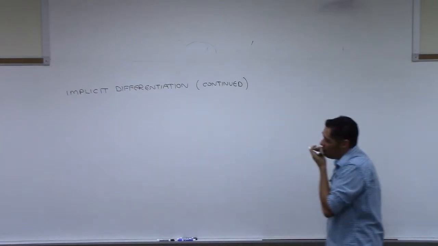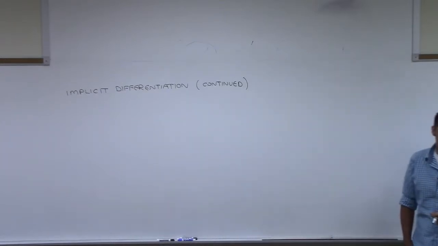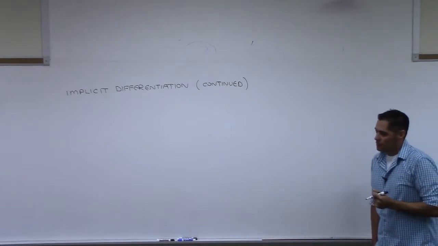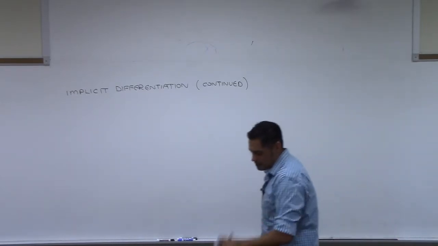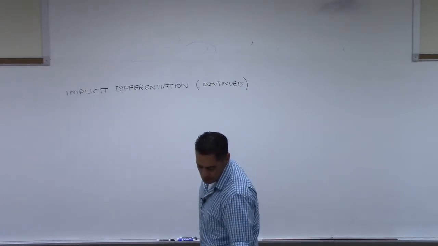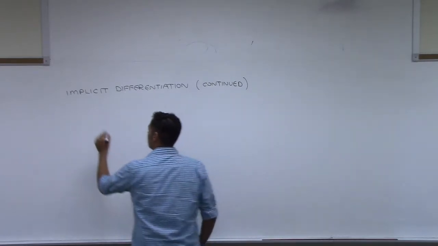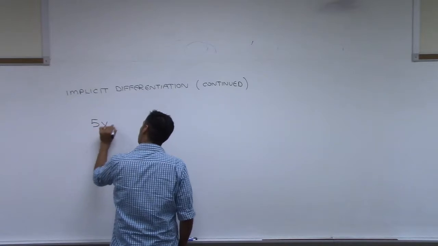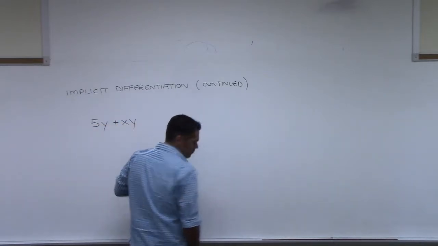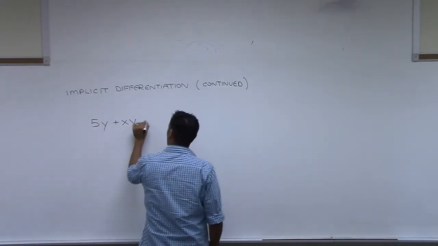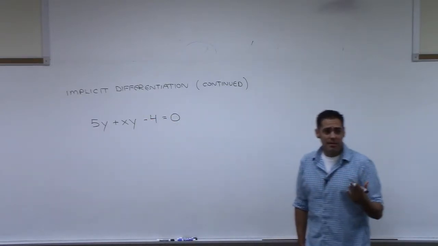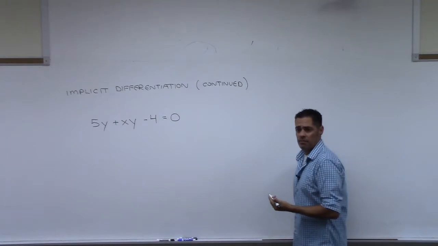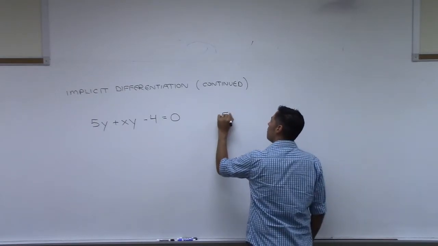I'm nervous because I'm about to throw a twist into this. Okay? So let's go back to the problem that I just gave you for this quiz. I asked you for y prime, didn't I? Okay, so I said find y prime.